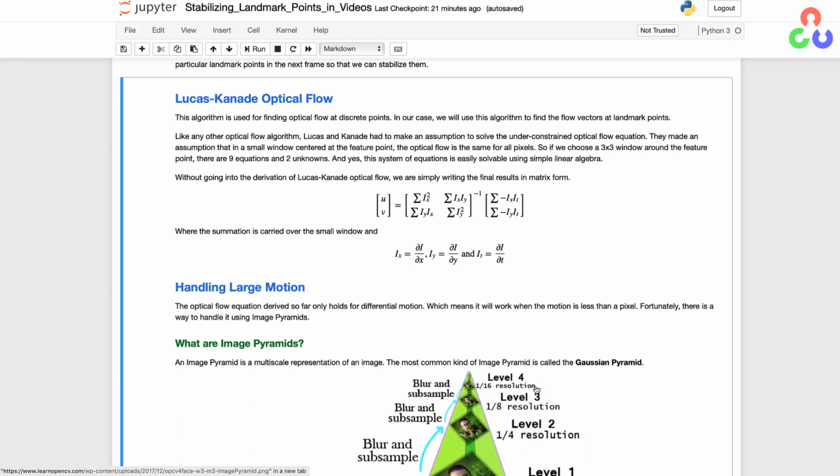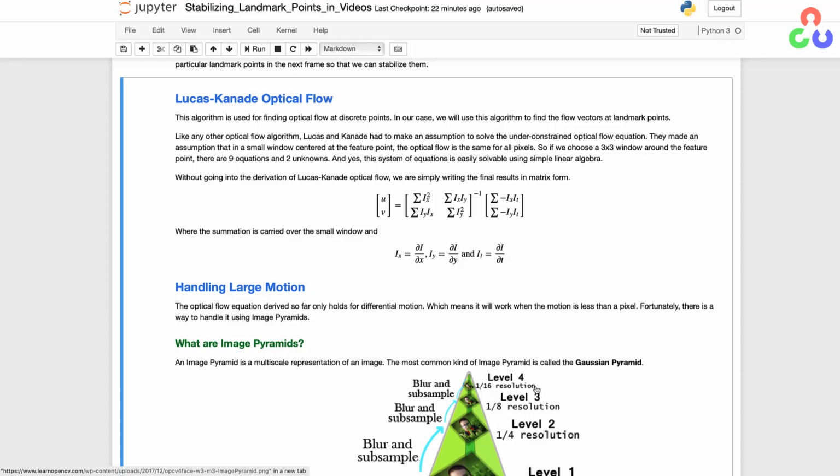So what do we do? Well, we have to make some assumptions. In Lucas-Kanade optical flow, the assumption is that in a small window centered around the feature point, the optical flow is the same for all pixels. Now we have multiple pixels which have the same flow, which means that there are 9 equations and 2 unknowns, and therefore the system can be solved.